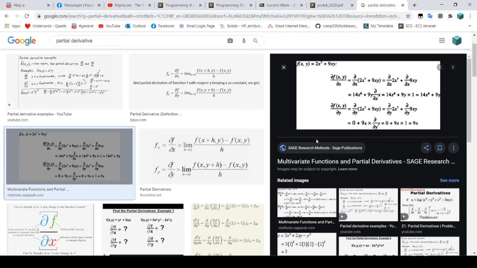What have we got here? So when you differentiate it with respect to y, you get 9x. When you differentiate it with respect to x, you get 14x to the 6 plus 6, so 9y.